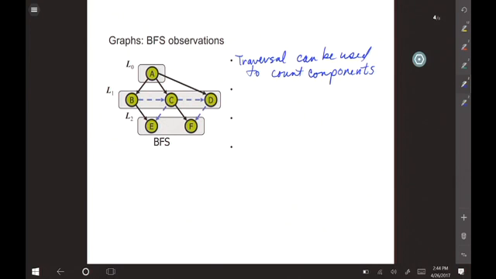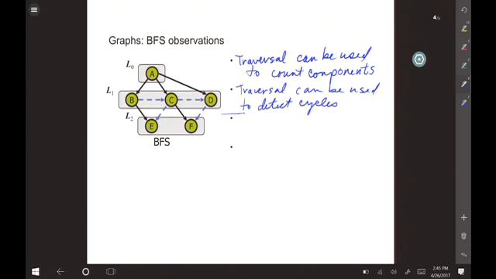Okay, so if anybody ever quizzes you about that, you know it because it's very simple to add to the code to create the algorithm for counting components. All right, fine. Traversal also can be used to detect cycles. Okay. Now those will be true of depth first search as well.